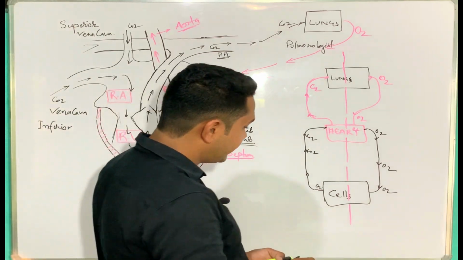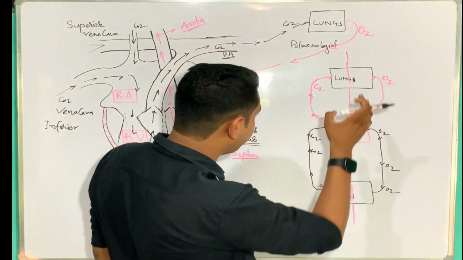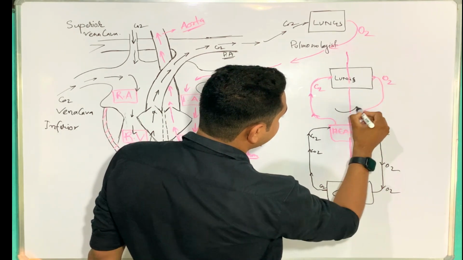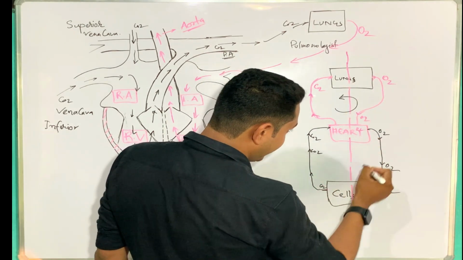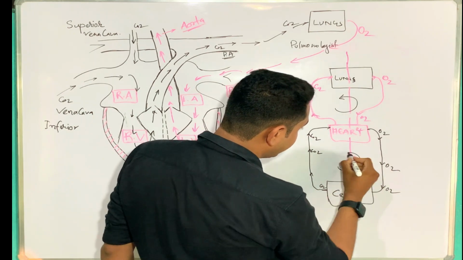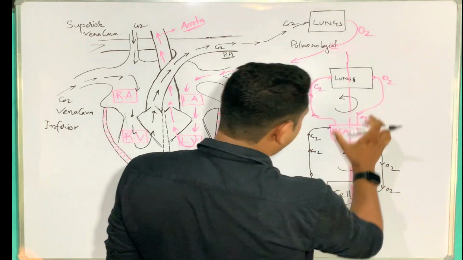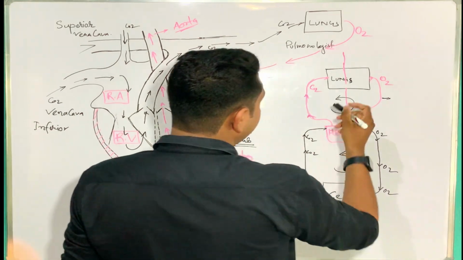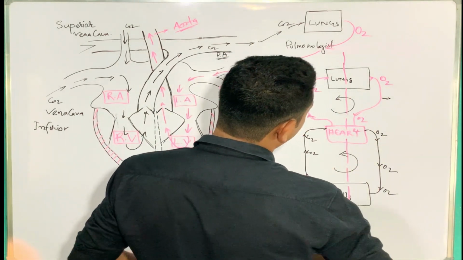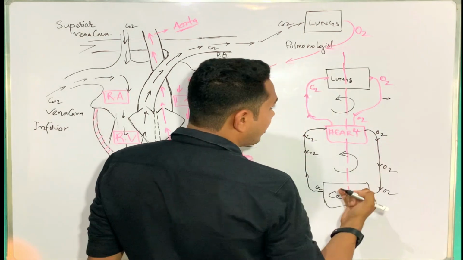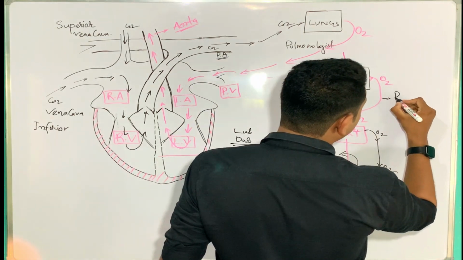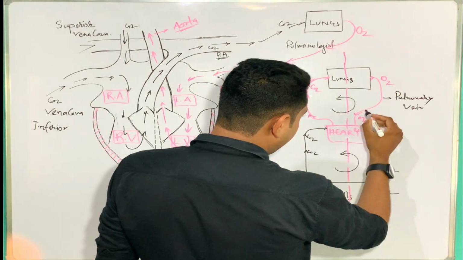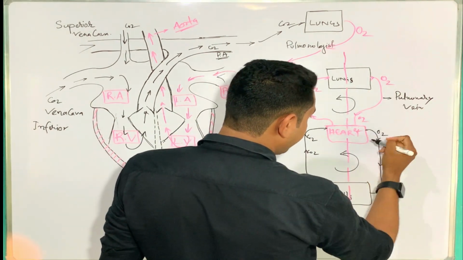You can see here that there are two types of circulation in our body. One is between the lungs and heart, and the other is between the cells and heart. So I can say there is a double circulation. From the lungs, the oxygenated blood is carried to the heart, so it will be the pulmonary vein. Since it is coming to the heart, it is known as a vein.